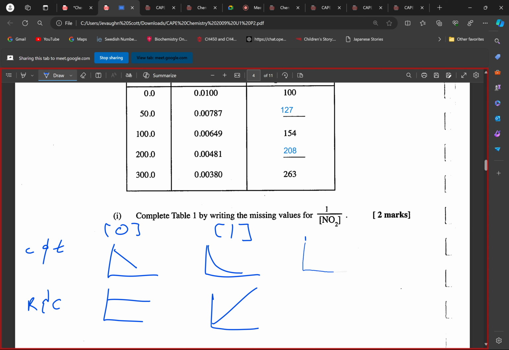The graphs need to be remembered, guys. So second order now. With the second order, we're going to have something looking like this, and something looking like this for the rate versus concentration. All right, so those are our graphs. So which graph does this thing look like?